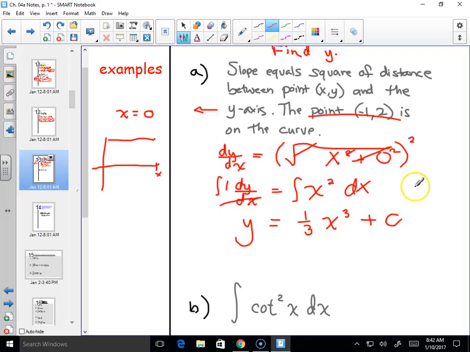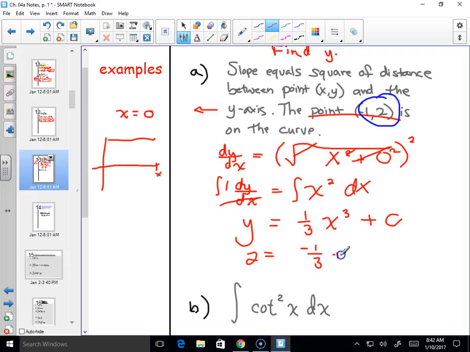Why aren't we done? What's new in this example? What was I trying to introduce to you? I can find c because I know an x and a y. With that x and y, I can say, fine, he has to work, which means plug in 2 as the y value. Plug in negative 1 cubed, which would be negative 1, that'd be negative 1/3.